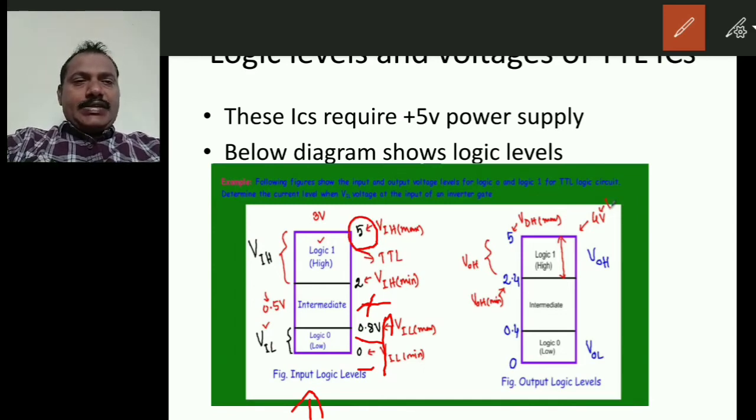So logic 1 is treated as 2 volts to 5 volts. This is the important parameter, that is VIH, input high voltage for logic 1. VIL is input low voltage for logic 0. So these are the input logic levels.